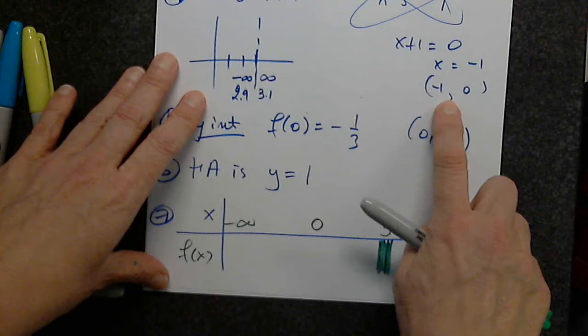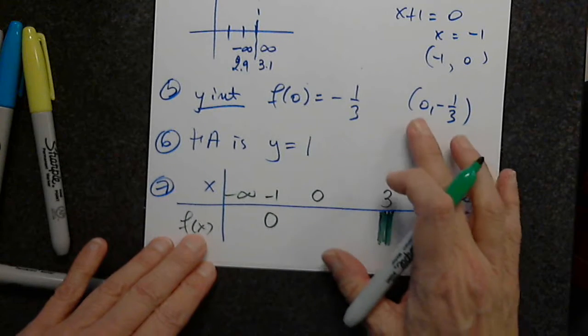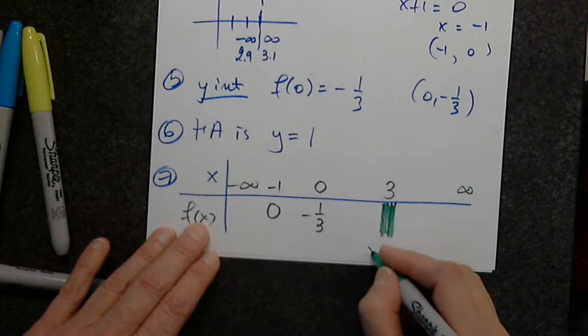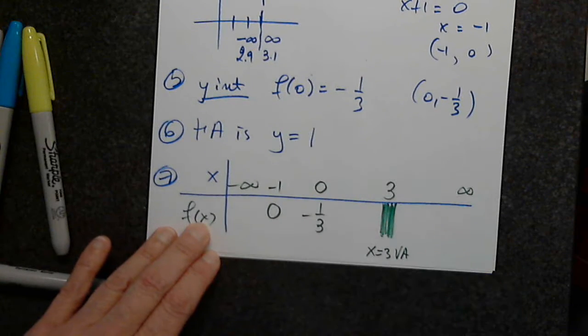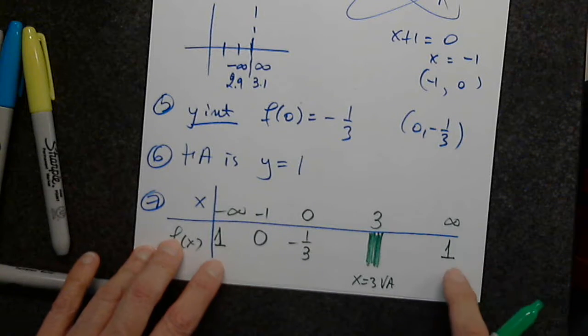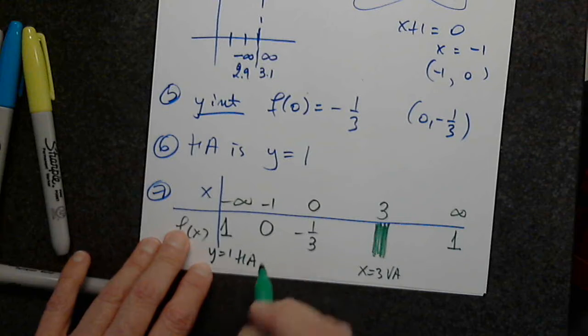I know that there is an x-intercept at negative 1 comma 0. I know that we have 0 comma negative 1/3. I know that x equals 3 is a VA. I know that the end behavior and the horizontal asymptote is y equals 1.